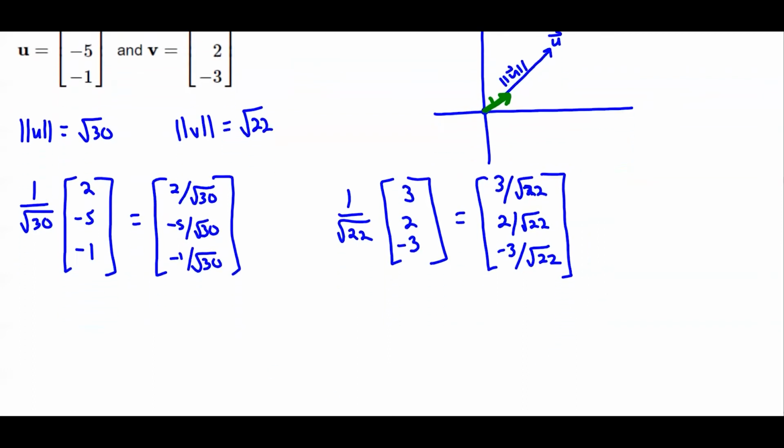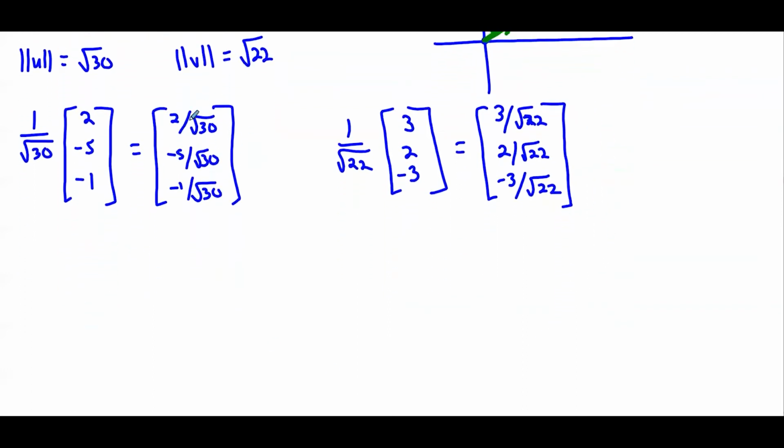Now let's just check this and see. Let's just find the magnitude of this vector. So I'm going to take the square root of, and I'm going to square each component and add them together. So if I square this guy, I'm going to get 4 over 30, right? If I square, the square root goes away. If I square this guy, I'll get 25 over 30.